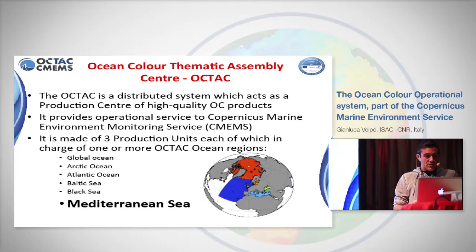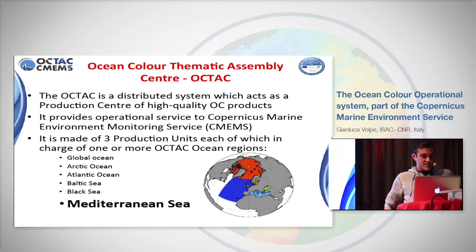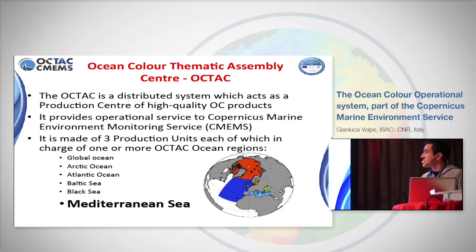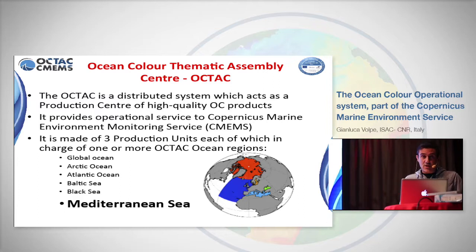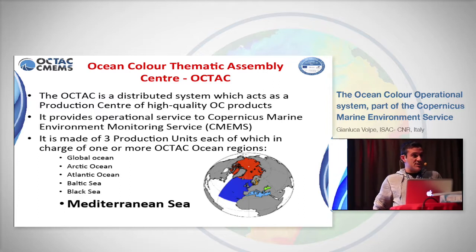So the Ocean Color Thematic Assembly Center is a distributed system which acts as a production center of high quality ocean color products. It provides the operational service for CMEMS, and currently it is made of 3 production units based in Italy, where I'm from, in France, and in the UK.